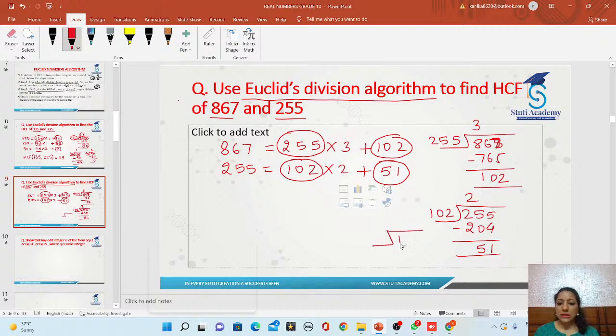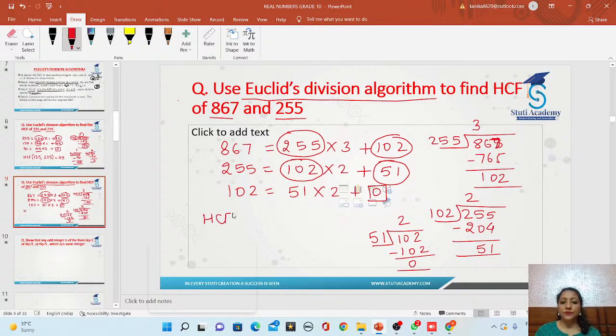So as we can see, 102, if we divide by 51, this will go 2 times and we will get 102. And finally, we have 0 here. 0 is the remainder here. So we have dividend is equal to divisor into quotient plus the remainder. Now the remainder at this step is 0 finally, so we'll stop here.